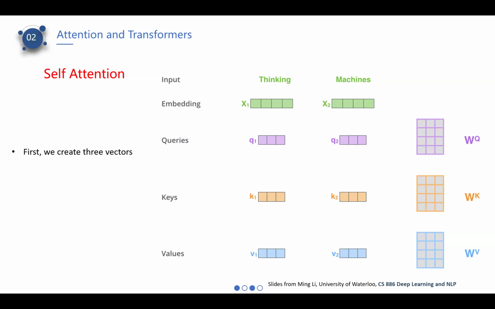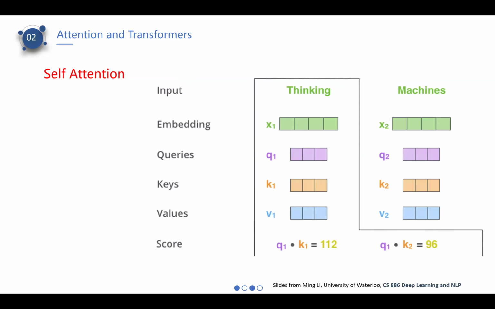First we create 3 vectors: query, key, and value, by multiplying the input embedding with these matrices WQ, WK, and WV.